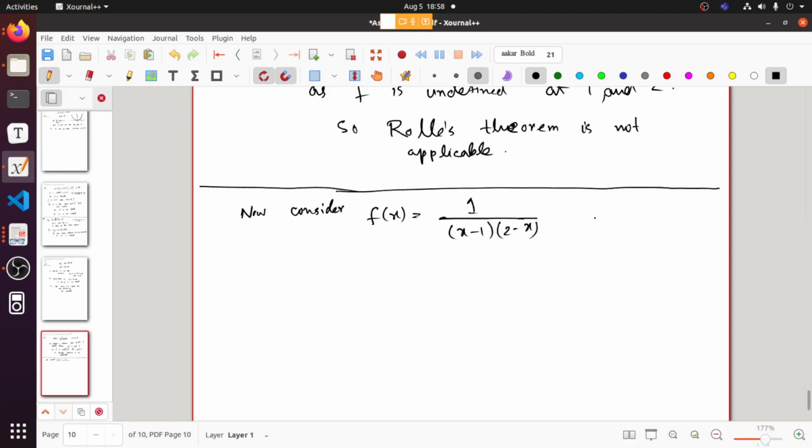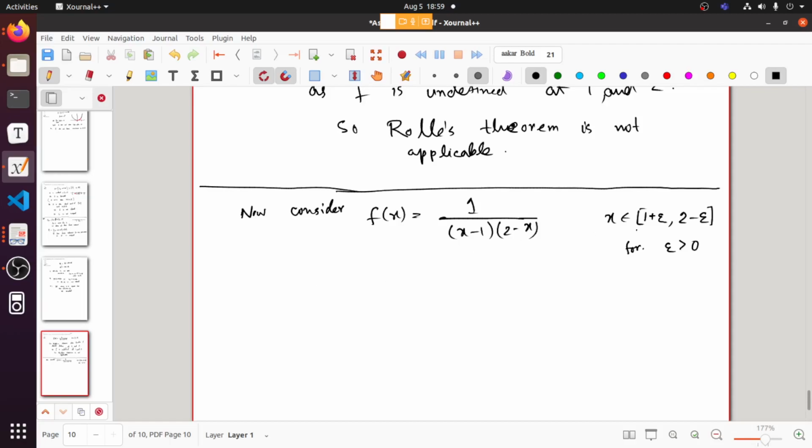Because at the point 1 it is not defined, you make a little shift: x belongs to [1 plus epsilon, 2 minus epsilon] for epsilon positive. Then this function is defined, right? So now you can check whether Rolle's theorem is applicable or not.